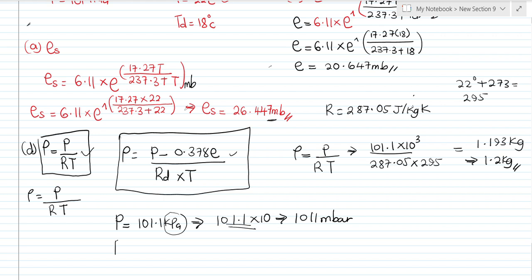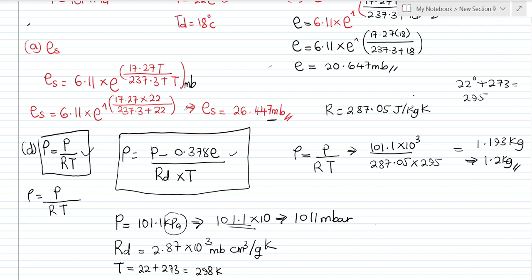Now, because we are working in millibar, the ideal gas constant is 2.87 by 10 to the power 3 millibar centimeter cube per gram Kelvin. And our temperature will still be in Kelvin, so 22 plus 273, that is 298 Kelvin. So let's put everything inside.